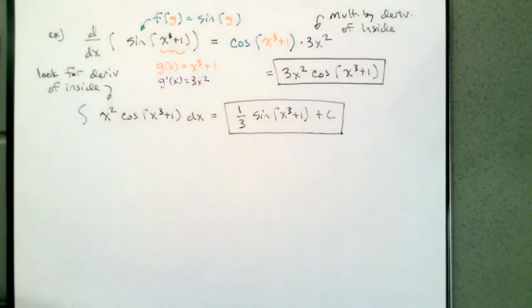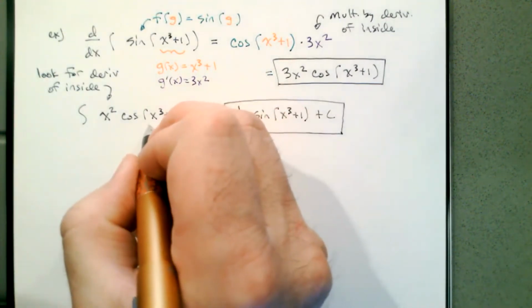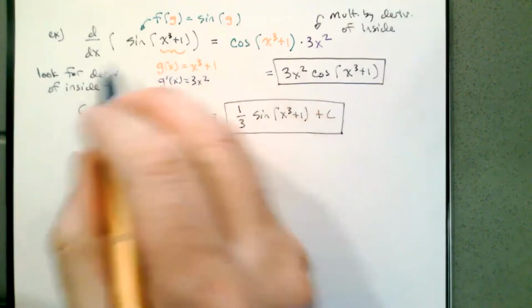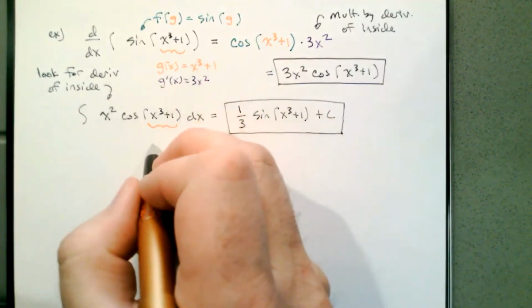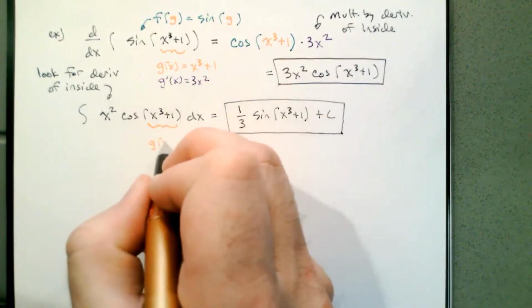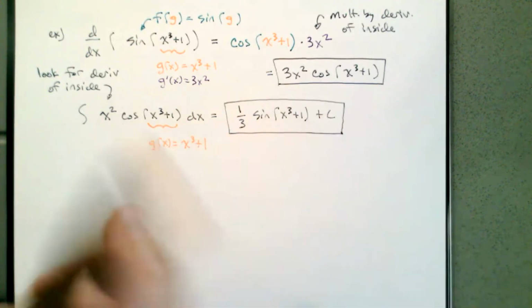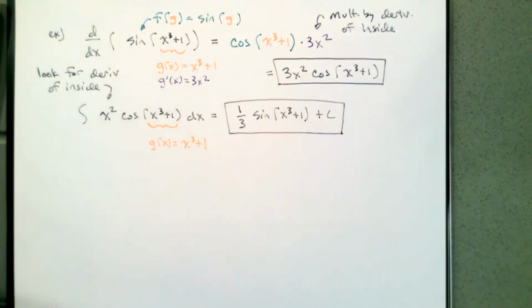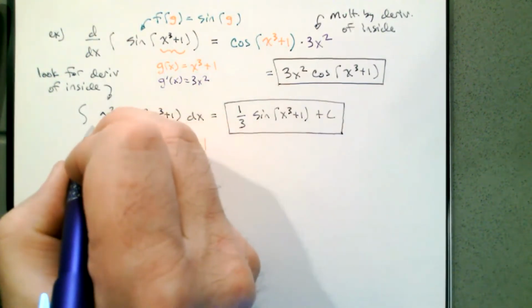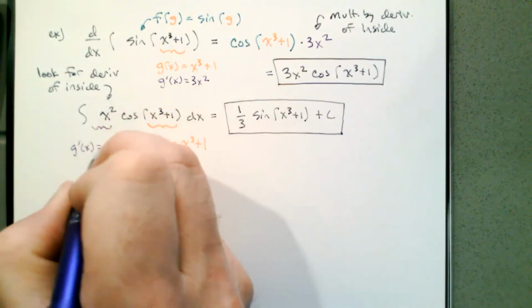So what we're doing in this process is we're still making the same kind of identifications that we did for the chain rule. We're saying the inside g is x cubed plus 1. And this x squared is g prime of x.